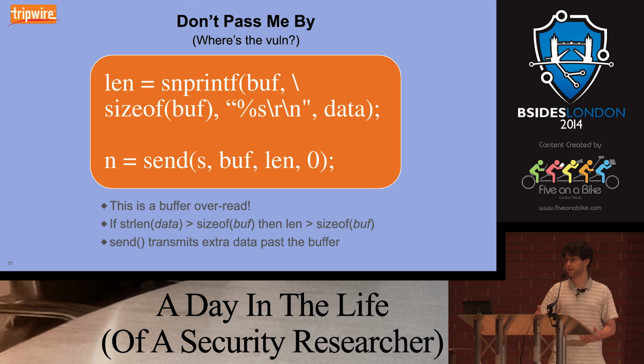You're going to read off the end of the buffer because len can be considerably larger than sizeof buff. So properly written, this code should only be sending at most sizeof buff. So it should be sizeof buff with the ternary operator, and if sizeof buff is going to be less than the len value, you only want to send sizeof buff bytes.